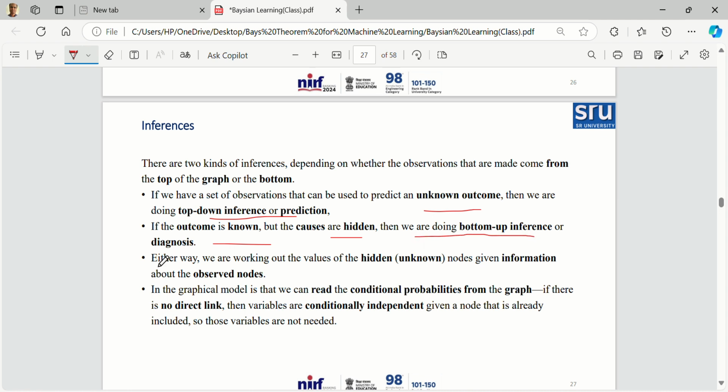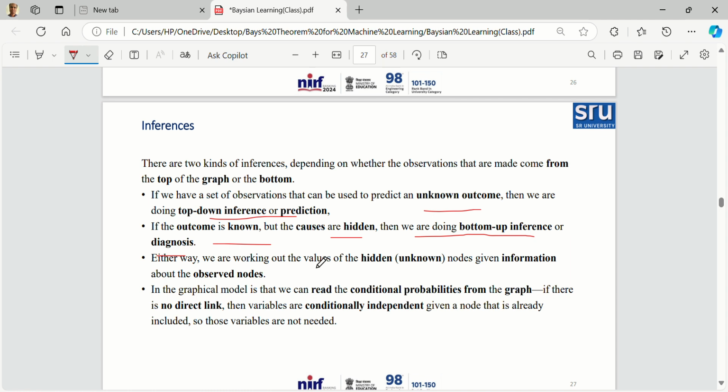So one is prediction, the second is diagnosis. For example, suppose you don't know whether you have malaria fever or jaundice. Then you test all the parameters and symptoms, and identify whether it is malaria or jaundice.